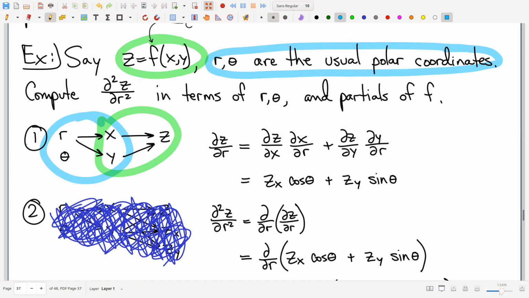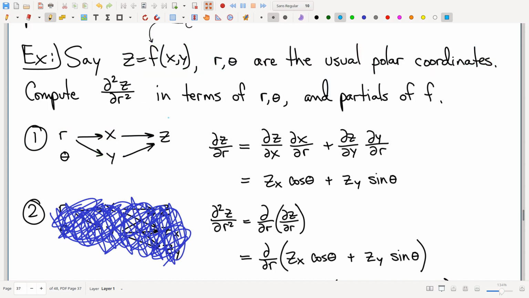Indicated on my diagram, you can see I'm composing, so I can, in effect, view z by composition as a function of r and theta. Let's real quick write down the chain rule to compute the first partial of z with respect to r.